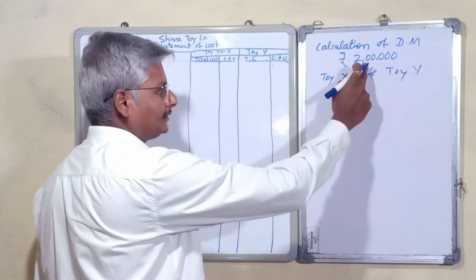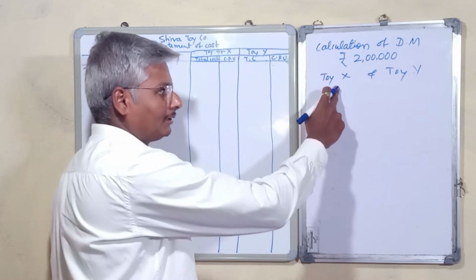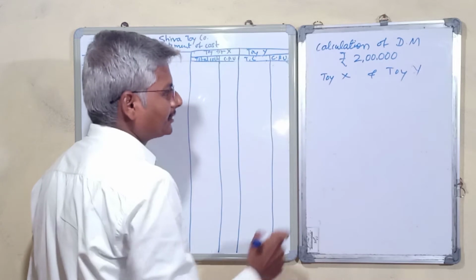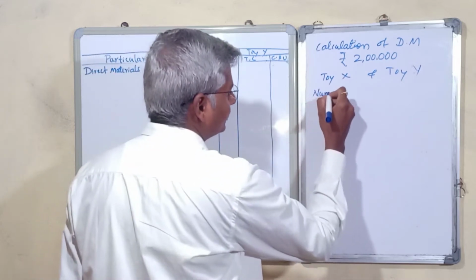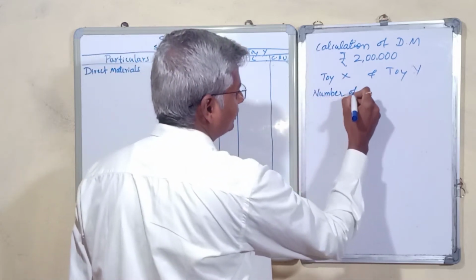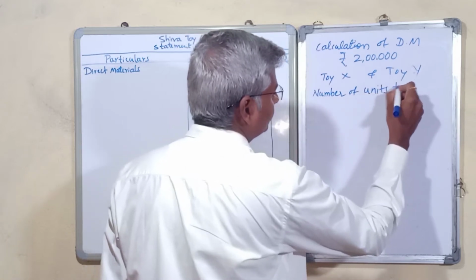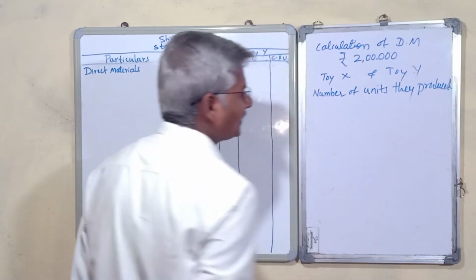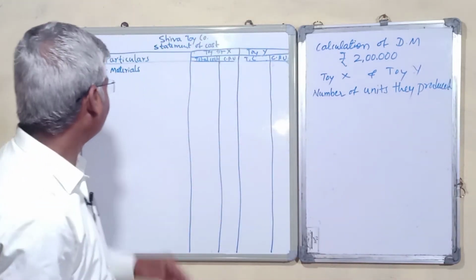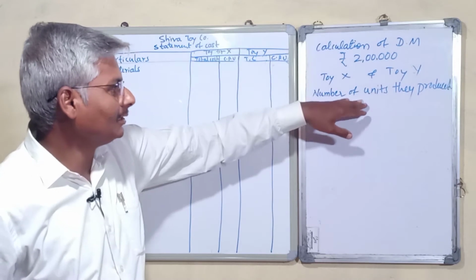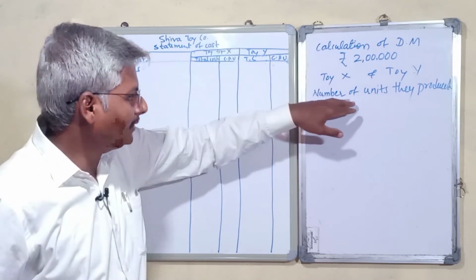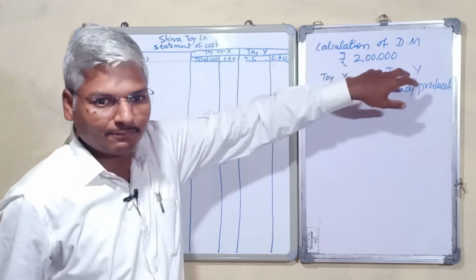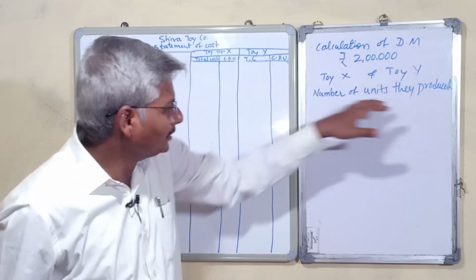And this 2 lakhs is to be allocated to toy type X and toy type Y based on the number of units they produced, because this is material consumed based on the number of units these two types of products consumed.